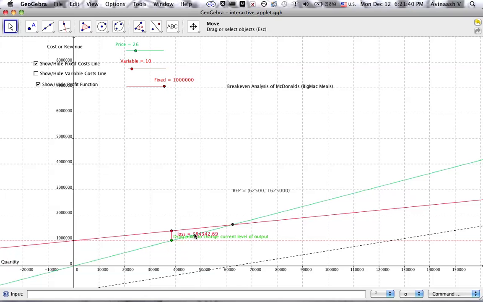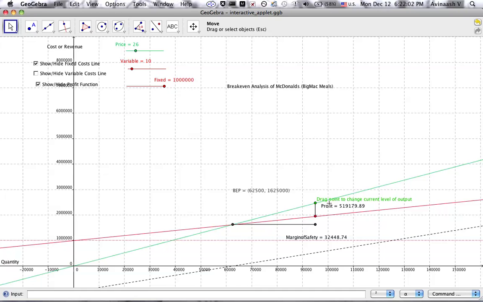So when there is a positive margin of safety, it shows how much demand exceeds the break-even quantity. Margin of safety can be measured by the level of demand minus the break-even quantity.